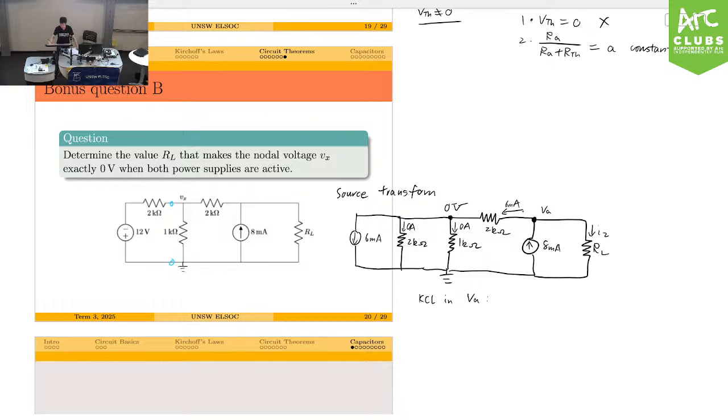Oh, I already solved for I1 equals 6 milliamps. So KCL at VA, we have 6 milliamps plus I2 equals 8 milliamps. Then I2 equals 2 milliamps, because 6 milliamps and I2 are leaving the node, while 8 milliamps is entering the node.